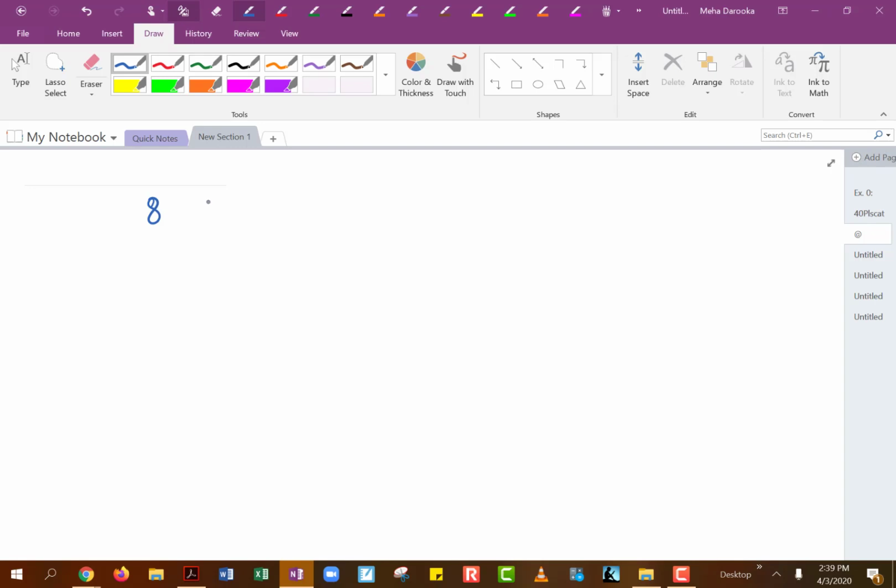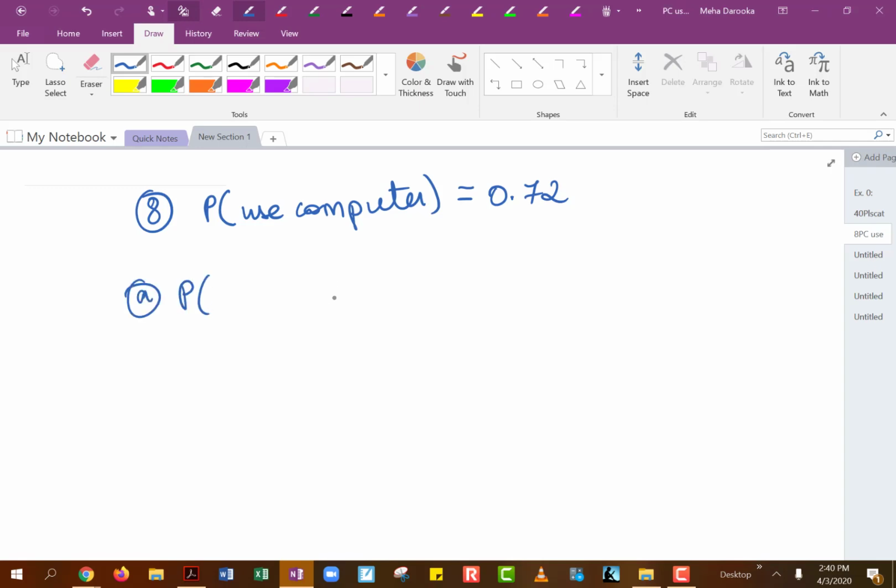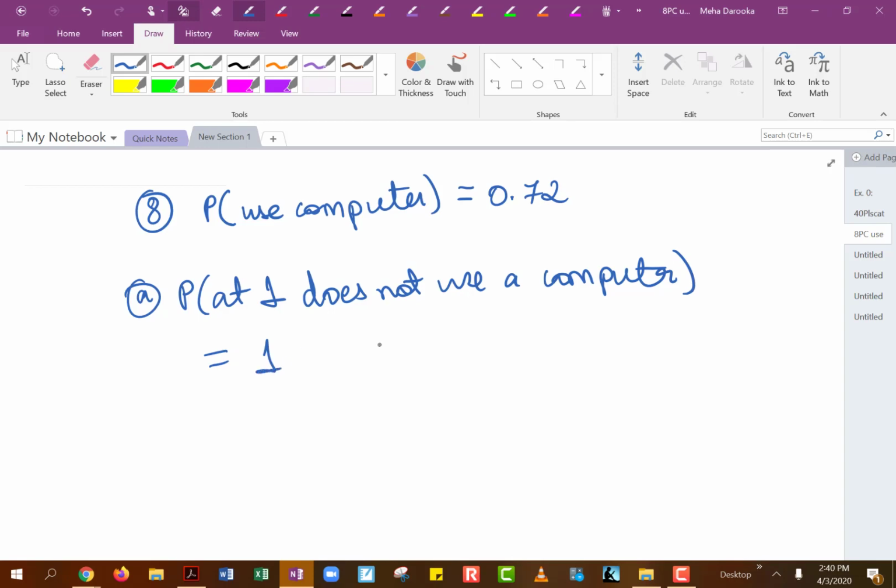So the probability that they are using a computer is given to us as 72%. In a decimal, that would be 0.72, which means when they are asking us to find the probability that at least one does not use a computer, you are actually going to do this as 1 minus the probability that they do use a computer.